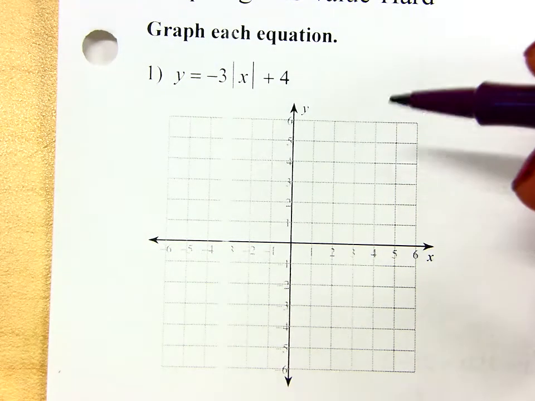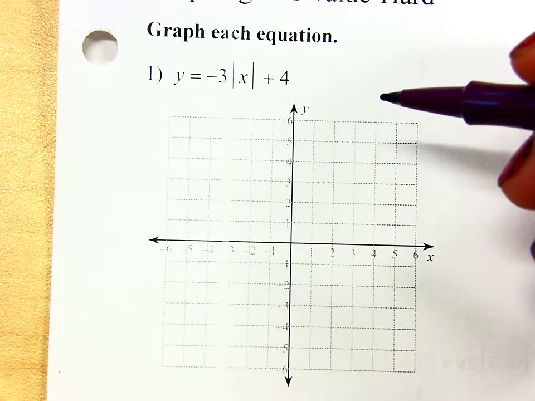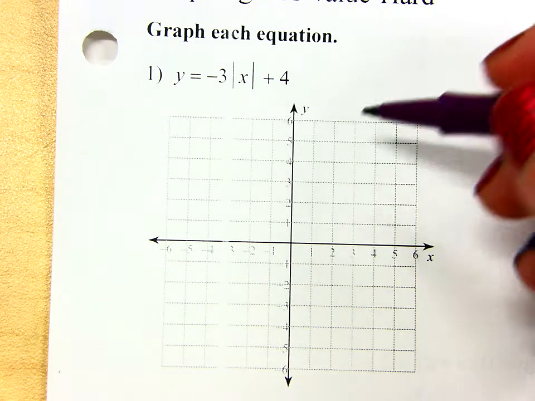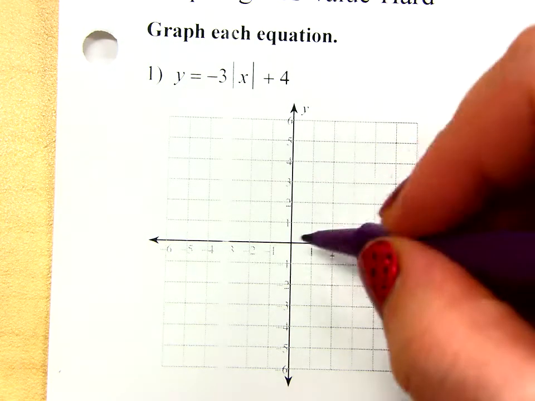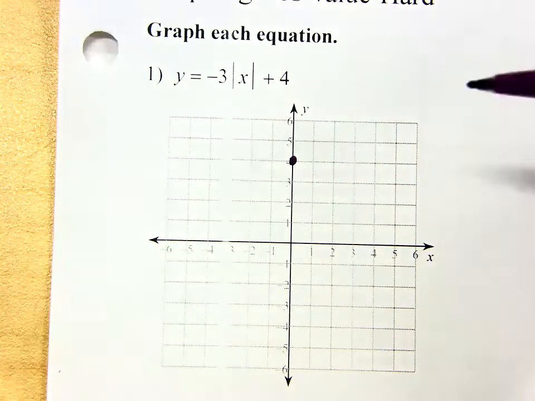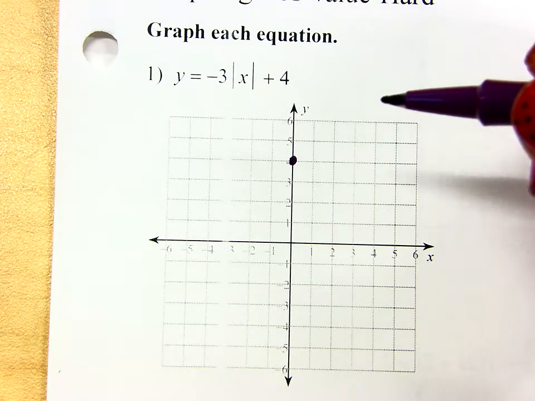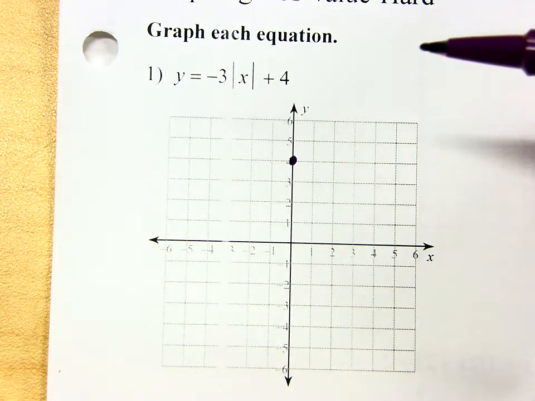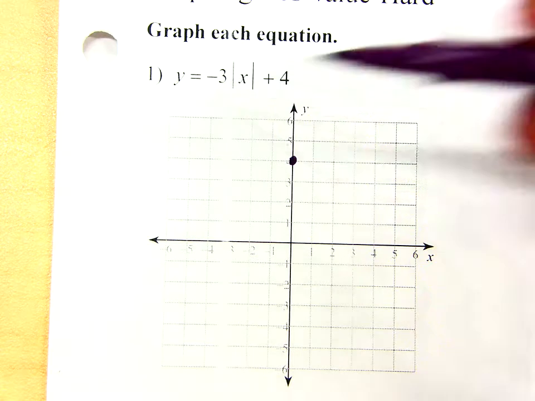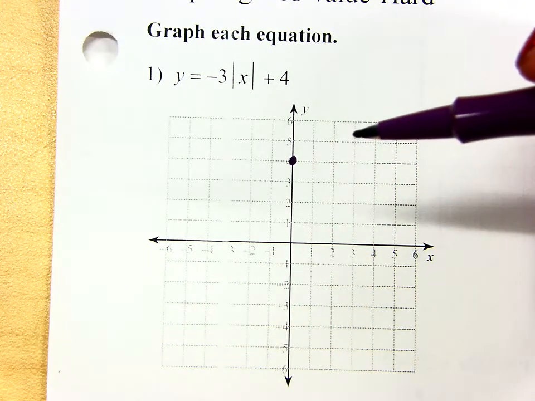Where would its vertex be? 0, 4, so I put a dot there. And then the only thing that's different about this one, on the other sheet, your slope is always 1 or -1. Here, now the slope is -3. That's the only thing that's different.